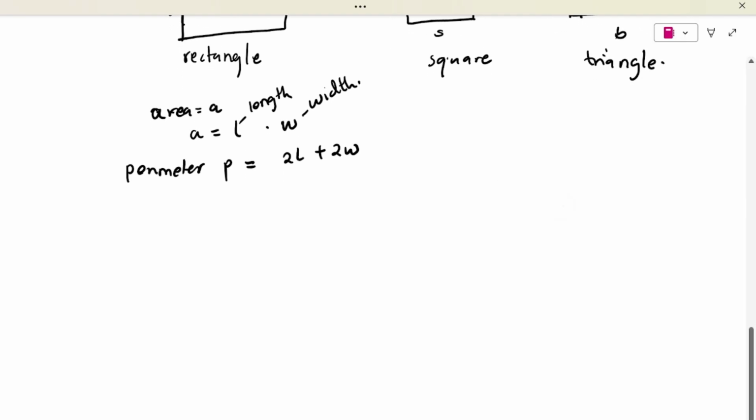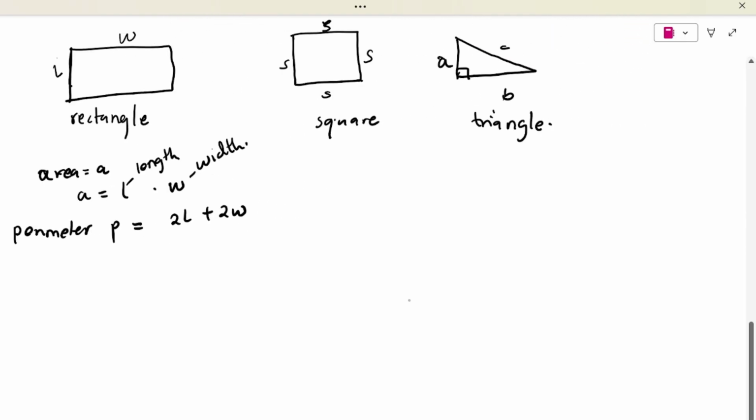For the triangle, let's use X, Y, and Z so that people cannot confuse. Area A is equal to a half times X times Y.